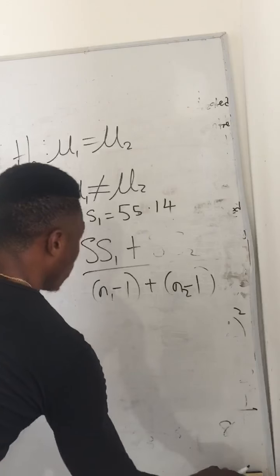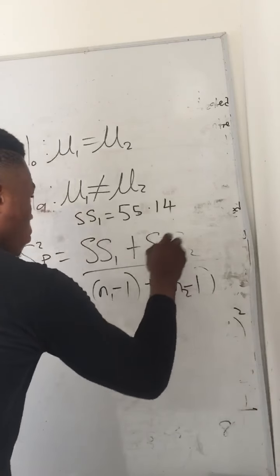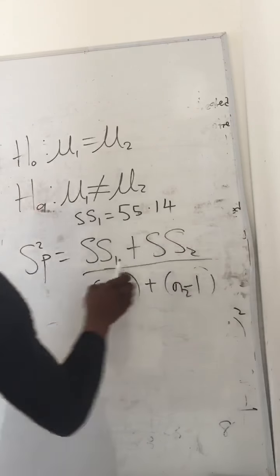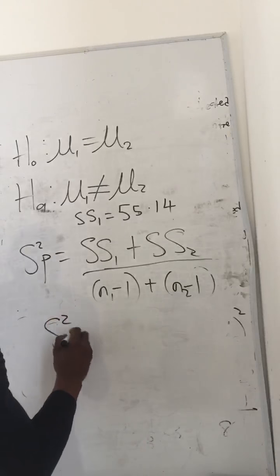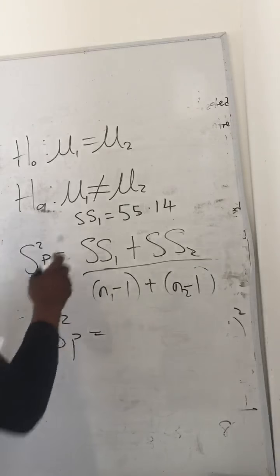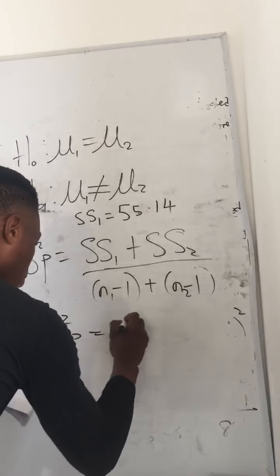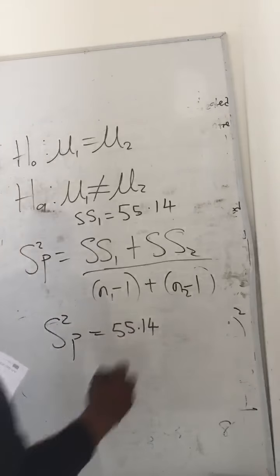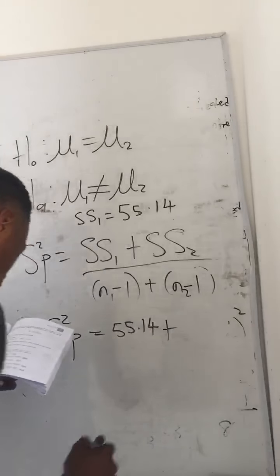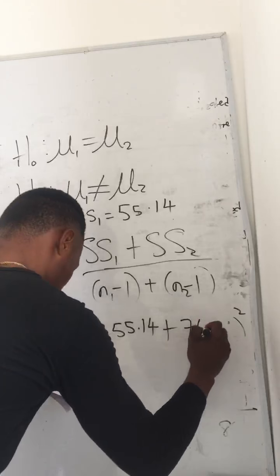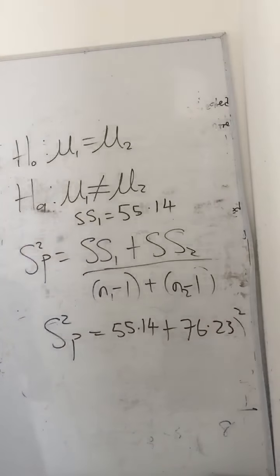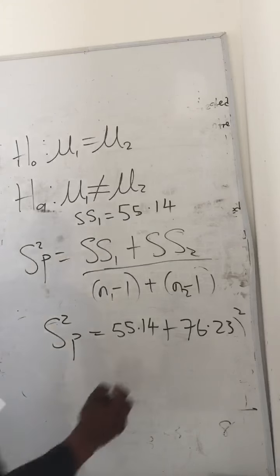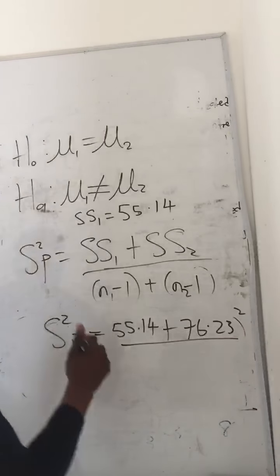We can go ahead and substitute SS1 and SS2 into this formula to find our pooled variance. To have s squared p equal to SS1, we obtained 55.14, plus SS2, we obtained 76.23, divided by degree of freedom 1.